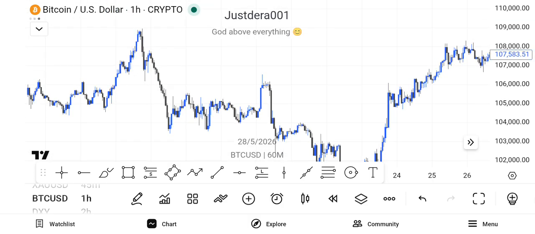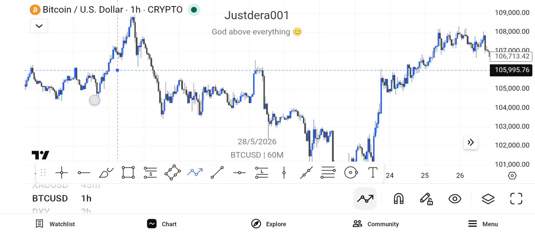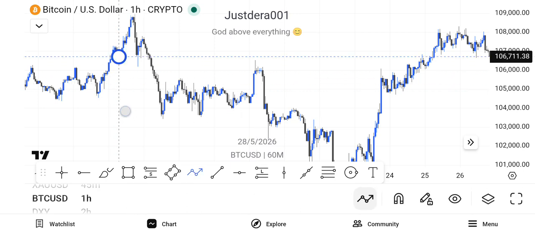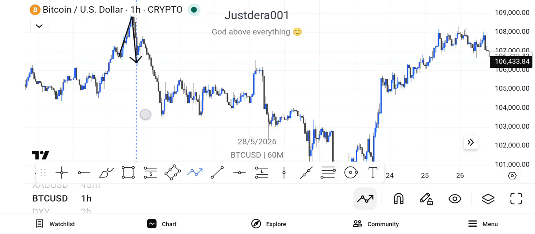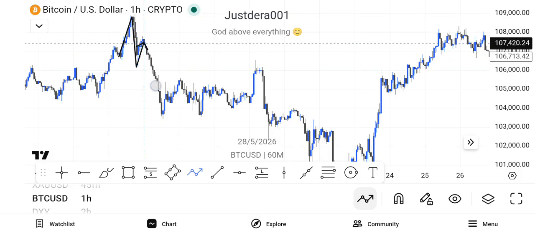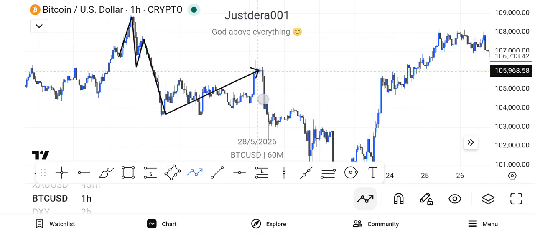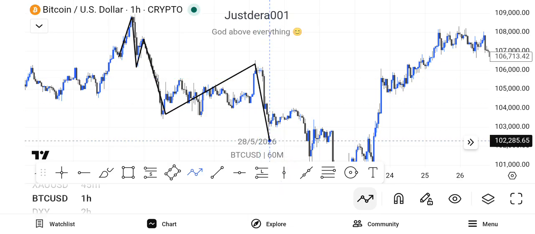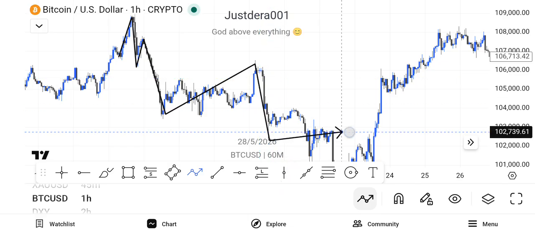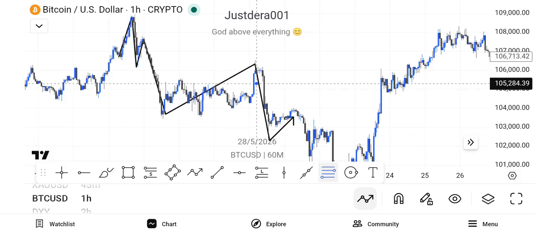That's your entry level. So as you can see, the market is making lower highs, lower lows, lower highs, then lower low here, then lower highs, then lower low, then lower.